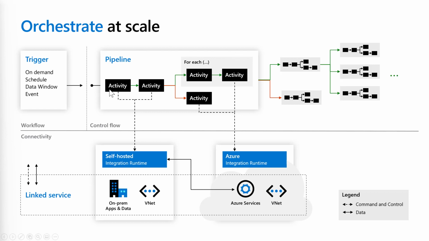The pipeline itself can also trigger other pipelines if you prefer. With linked services, which are compute engines, you can support on-premise or cloud-based data integration through the self-hosted integration runtime or Azure integration runtime.